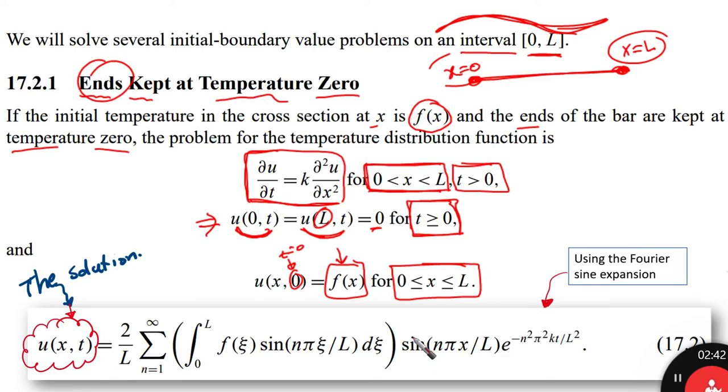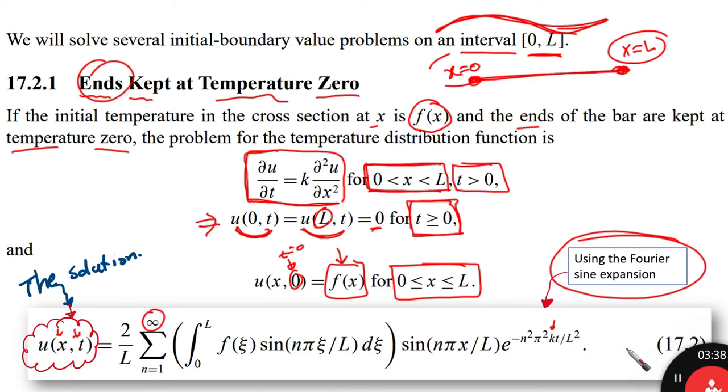But if you would like to go through the derivation, you can, and you are going to find that using the Fourier sine expansion that we have already explained before, we can derive our solution, which is going to be u of x and t, for any value of x and any value of t, equal to 2 over L, the summation from n equal to 1 to infinity, the integration from 0 to L, f of z sine n pi z over L dz, like we have transformation of variables here, then sine n pi x over L, e raised to the power minus n squared pi squared k, which is a constant, times t over L squared.